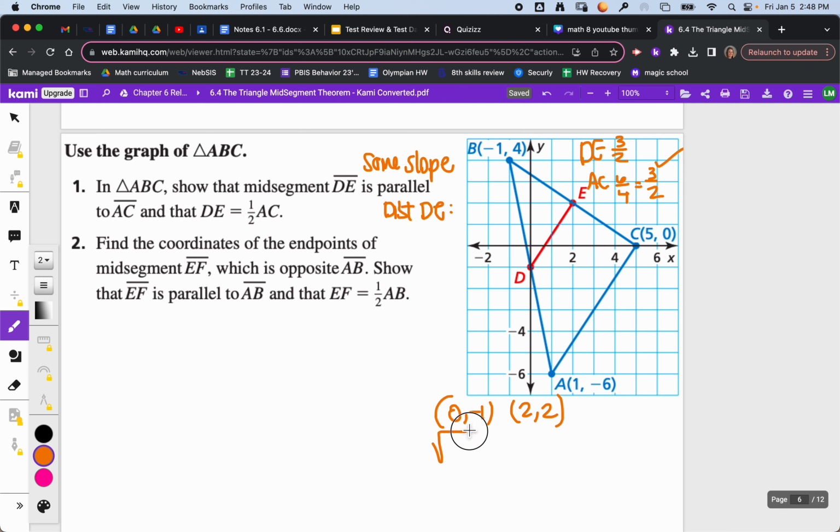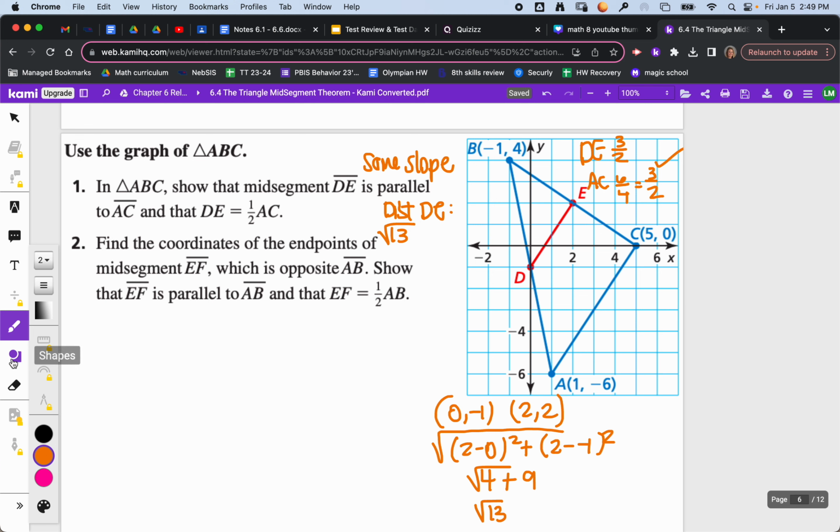We have the square root of (x2 minus x1) squared plus (y2 minus y1) squared. So we've got 2 minus 0 squared plus 2 minus -1 squared. 2 minus 0 is 2, 2 squared is 4, and then 2 minus -1 is 3, 3 squared is 9. So we have the square root of 13.